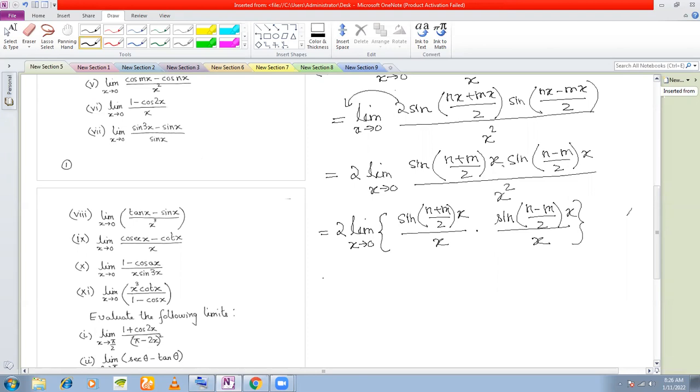Twice. Now I separate. So I get limit x tends to 0 sine n plus m by 2 x divided by x into limit. I distributed the limit over this product.